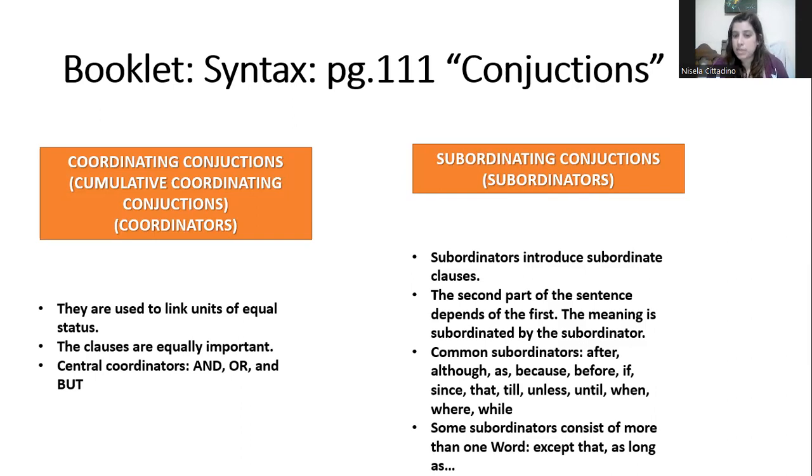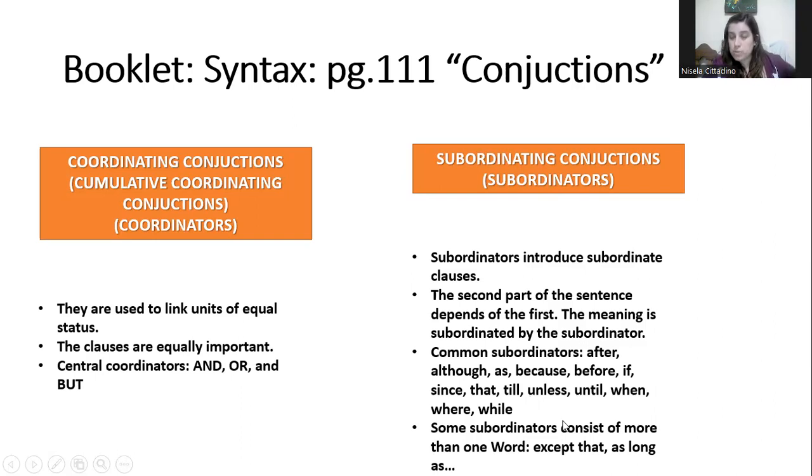Regarding subordinators, they introduce subordinate clauses. I'm reading here from the PowerPoint slide: the second part of the sentence depends on the first, so the meaning is subordinated by the subordinator. What are the most well-known subordinators? The ones that appear here: after, although, as, because, before, if, since, and the list goes on.